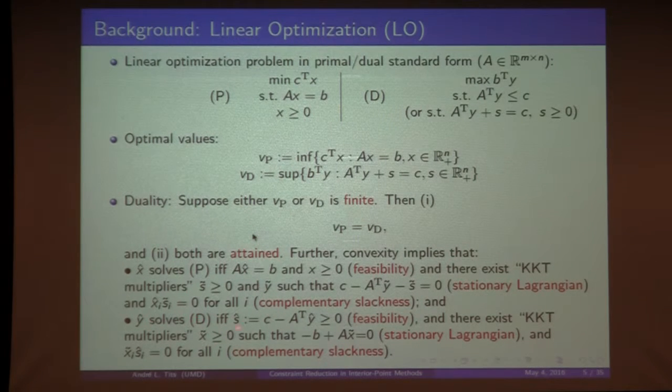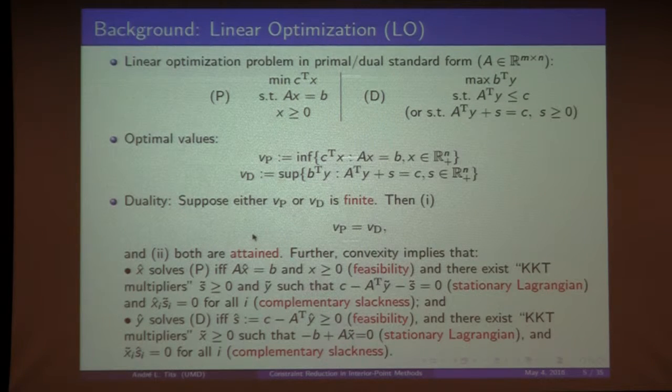Similarly for y, you also have 3 conditions. Feasibility means that this is satisfied, meaning that this is greater than or equal to 0. And the gradient of the Lagrangian equal to 0 is exactly this, minus b plus a x tilde is 0.